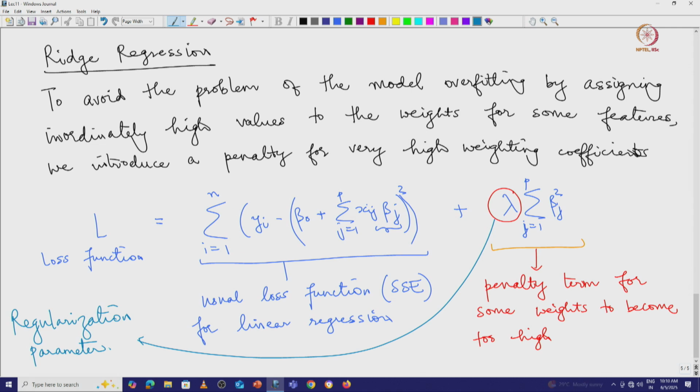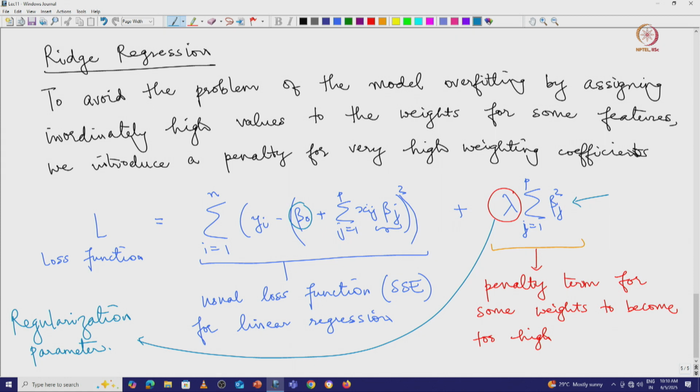So this regularization parameter quantifies the extent of the penalty, right. It tells you how high the penalty is when some of your parameters or weights take too high values. Note that we have not included beta naught in this penalty function, and the reason for that may be obvious to you. That is because beta naught just sets the scale of the problem, and the scale of the problem could be high, right, because some variables may take too high values, some variables may take low values.